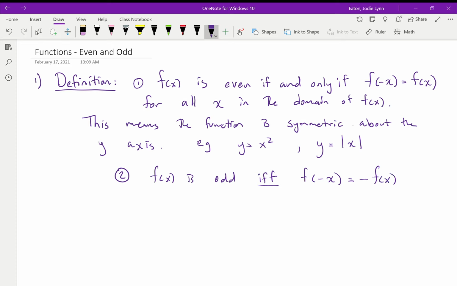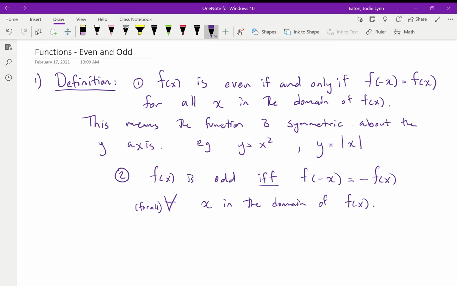For all x in the domain of f of x. And I'm going to take the opportunity here to show you a cute little symbol that we don't always write for all out. So we have this little upside down A that means for all. And that's a nice little abbreviation you might see as you head off into university math classes.